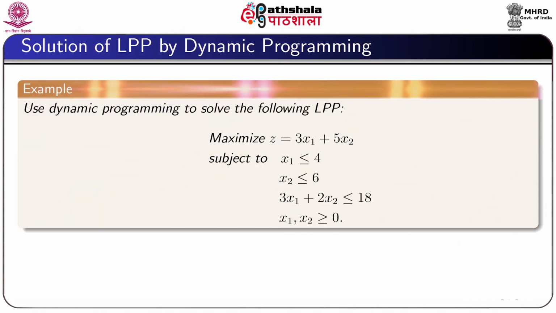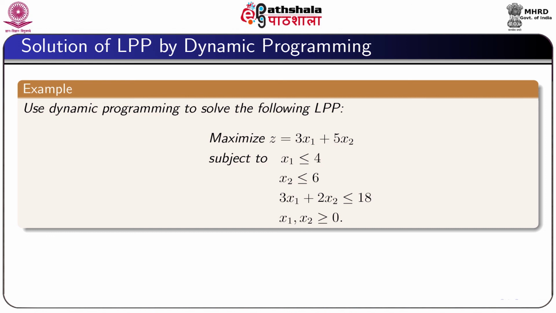Let us take an example. Maximize z equal to 3x_1 plus 5x_2 subject to x_1 less than or equal to 4, x_2 less than or equal to 6, 3x_1 plus 2x_2 less than or equal to 18, x_1, x_2 greater than or equal to 0. In this problem, we have two variables x_1 and x_2.